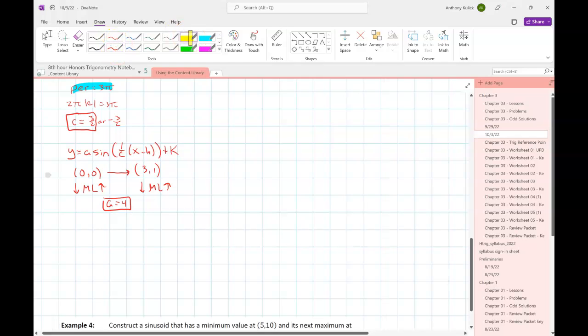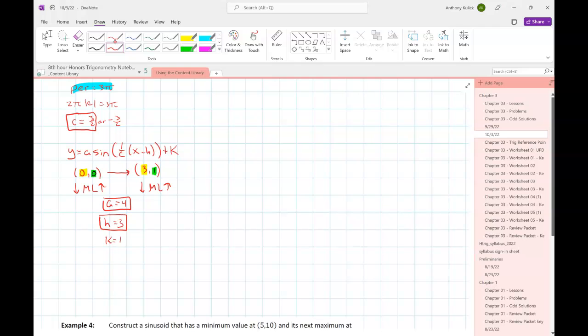And since the x-coordinate here is 0 in the parent function point, what's that telling me about the value for h? It's 3. And since the y-coordinate is 0 from the parent function, what does that tell me about the value for k?